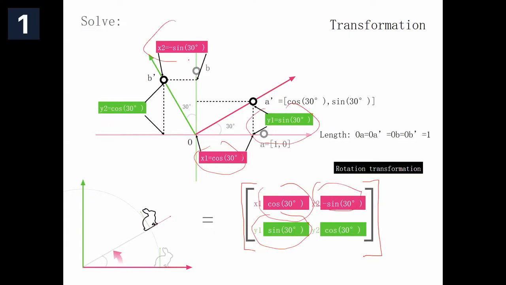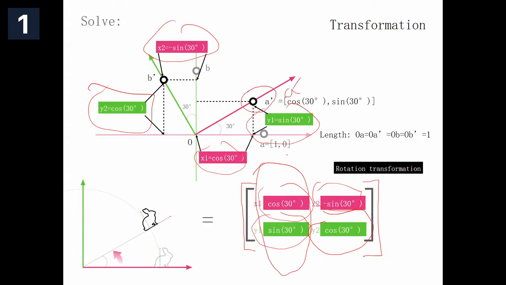You can see this is the coordinates of A prime, and these two are the B prime coordinates. So it's easy to remember. We call this the rotation transformation.